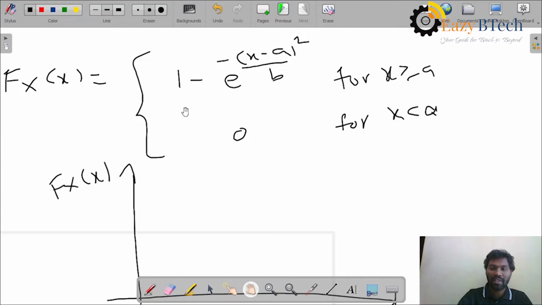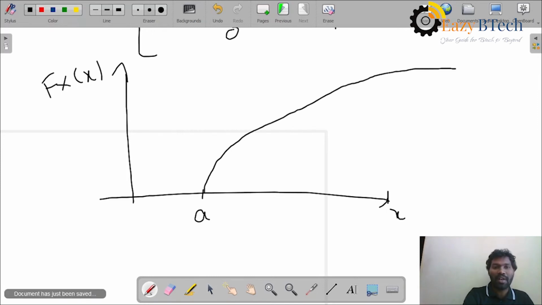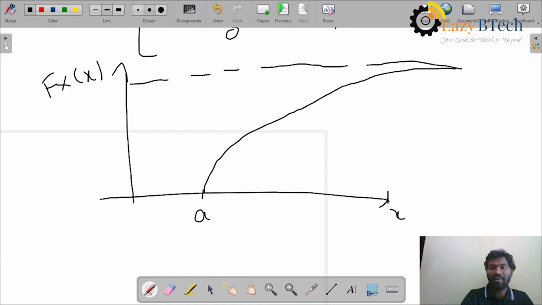At x equal to a, it has a value of 0. So it starts at the point a on the x-axis, and from there onwards it slowly increases. At the maximum, at x equal to infinity, it has a value of 1.